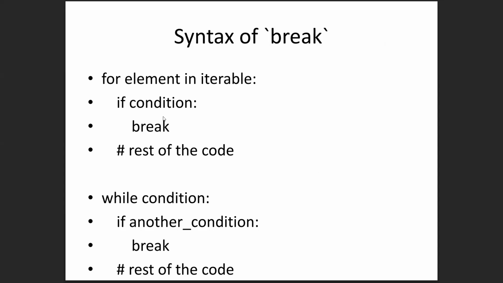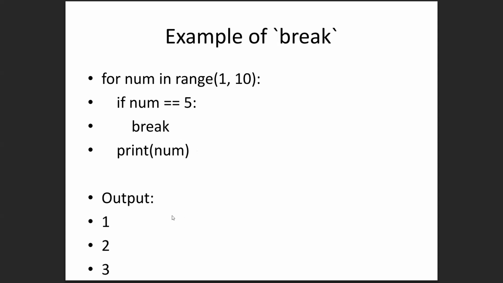It means the rest of the code will not be printed. Only up to this condition will it print. After this break we don't need any further iteration. The while loop also plays the same role.